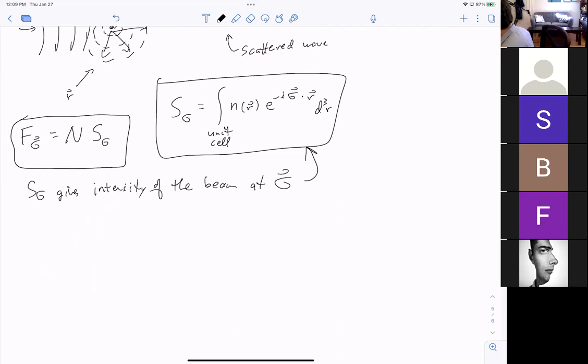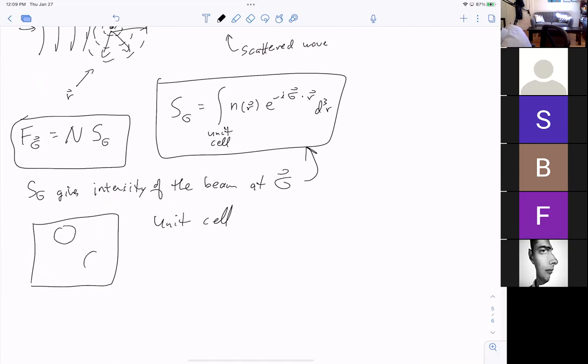And so let's consider one of those, which is very famous. Let's consider this idea. Suppose that this is my unit cell. And now suppose that I have two atoms in my unit cell. There's one and there's another one.